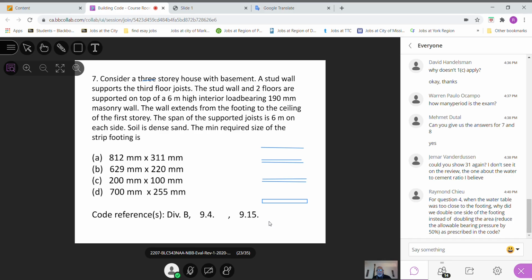I have 3 floors. And it says I have my 6-meter high interior, 190 millimeter wall with support on top. The stud wall supports 2 floors. So my stud wall supports 1 floor. It supports 2 floors. 1, 2.